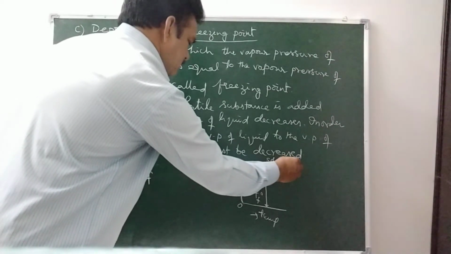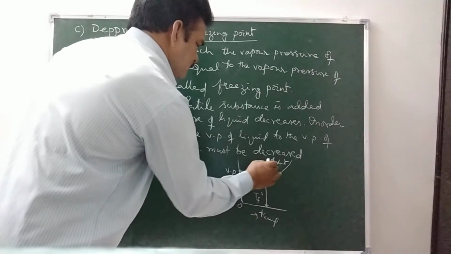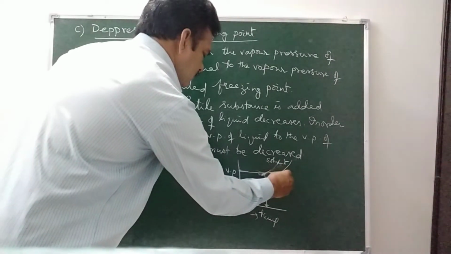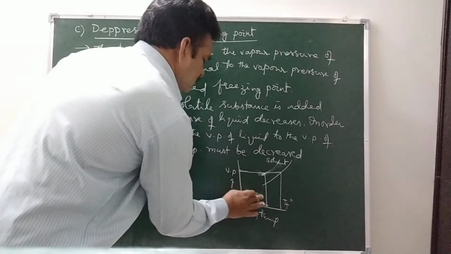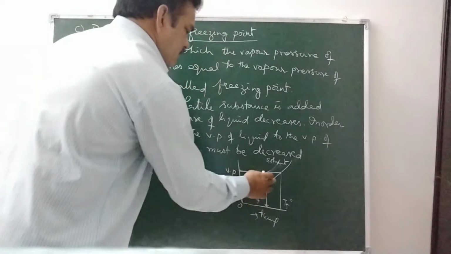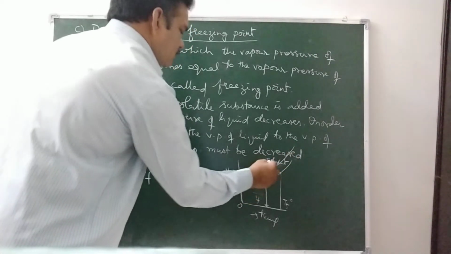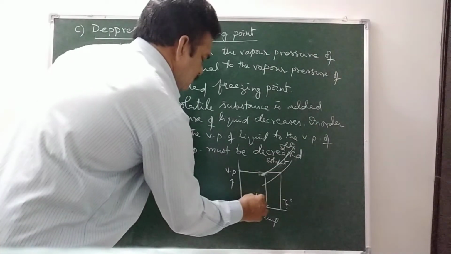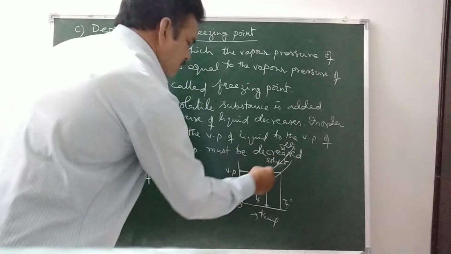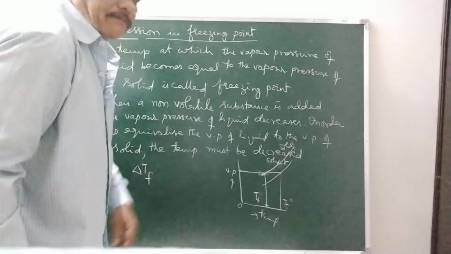say this is for the solvent. This becomes the Tf0. For a solution, the vapor pressure becomes equal at this temperature. This is Tf.